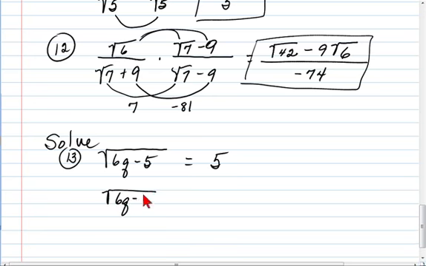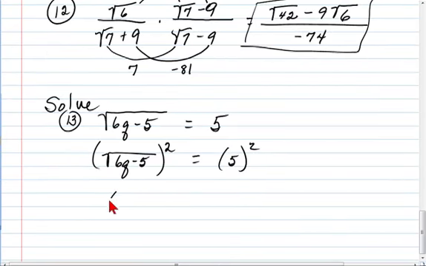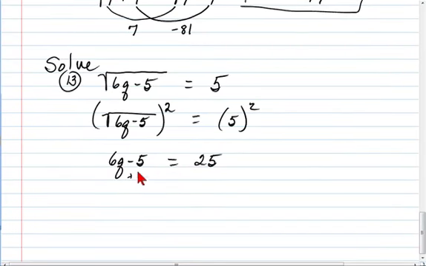Now do the inverse, which is to square the left side and square the right side. When I square a square root, I get the radicand to jump out. When I square the right side, I get 25. I need to add 5 to both sides. That gives me 6q is 30. Divide by 6, and q is 5.